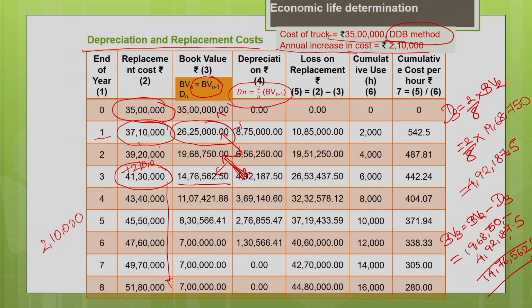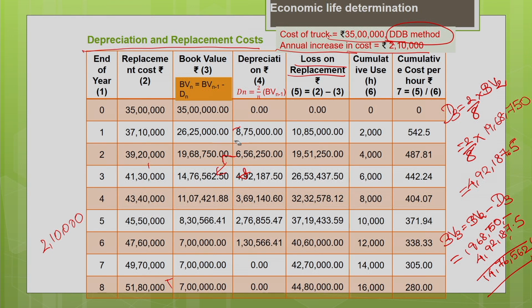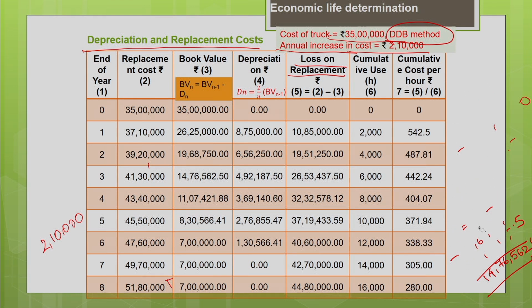If you subtract both these two, you can find the loss on replacement. Basically, at the end of the first year, if I wanted to replace, the cost of the machine is 37,10,000. Due to inflation, from 35 lakhs, it has increased by 2,10,000.